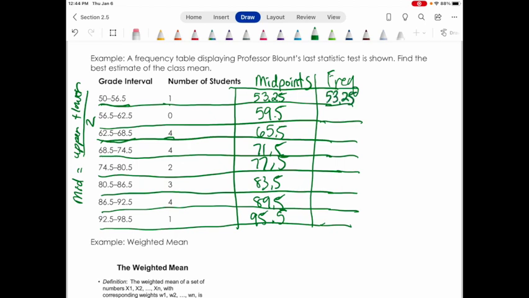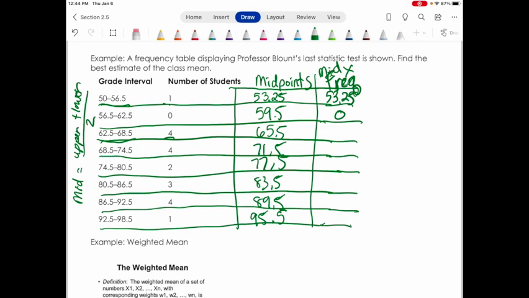That gives me 53.25. So in this column, this is my midpoint times my frequency. All right, now I'm going to take my number of students in the second class and multiply by 59.5. Well, there's no grades on that interval, so this is just going to be 0.